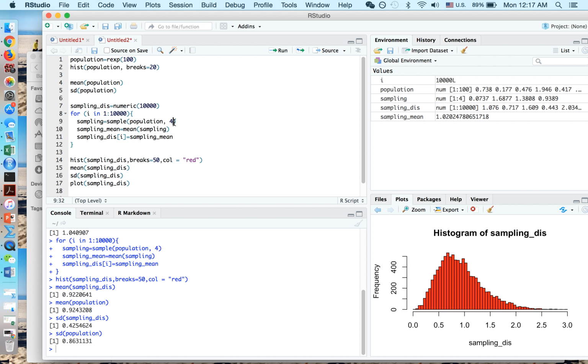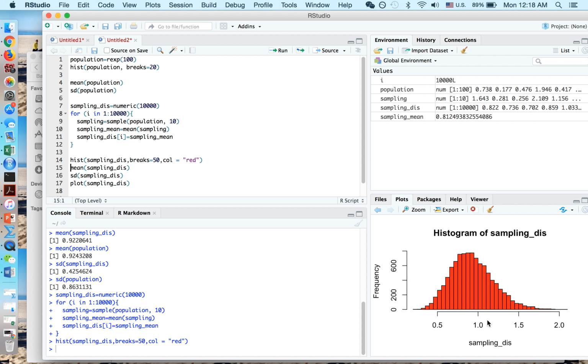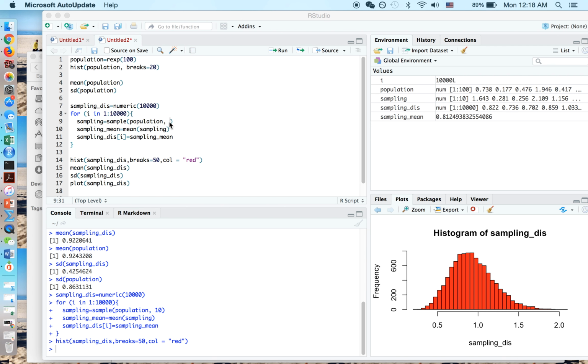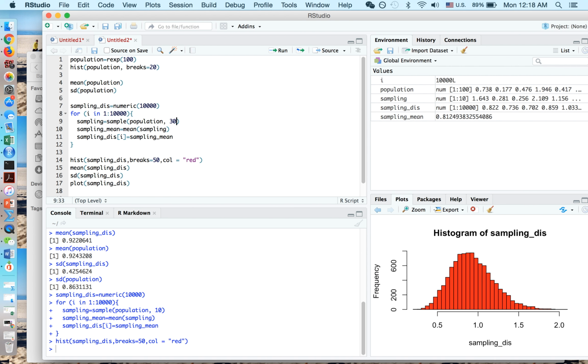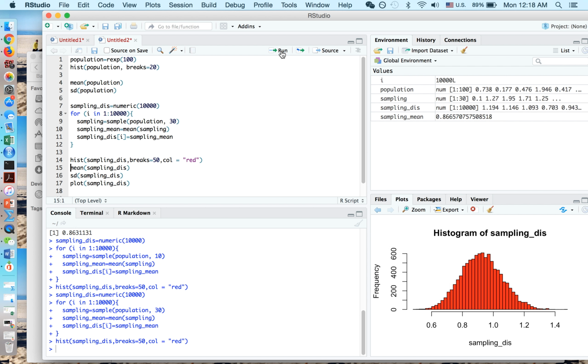And if I change this value to 10, will my sampling distribution look more normal? Actually, it does look more normal, right? If we keep increasing the sampling size, let's do 30. Will it look more normal? I think it does, right?